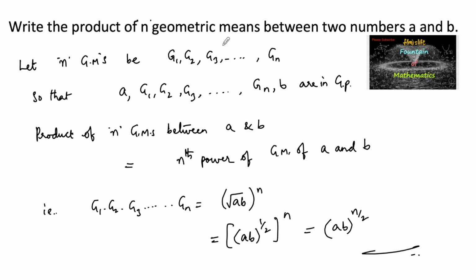So the product of n geometric means we can take as AB whole power n by 2.